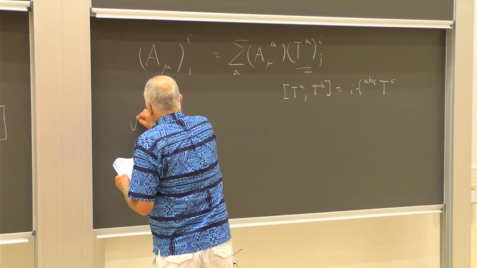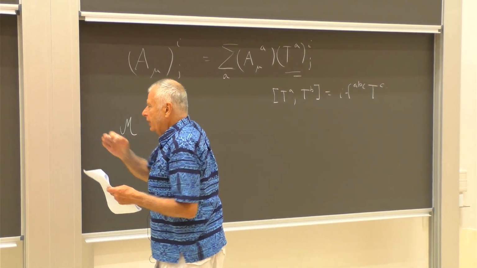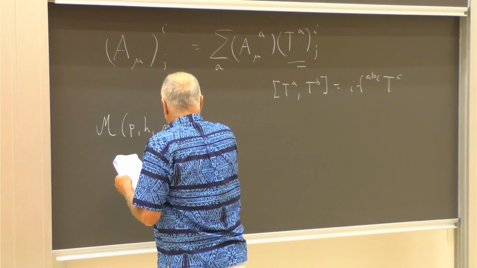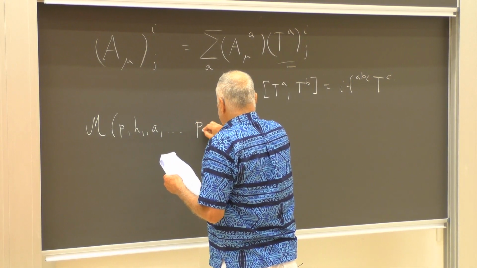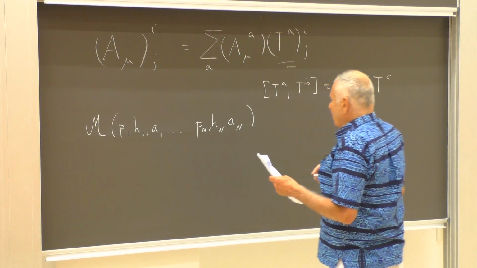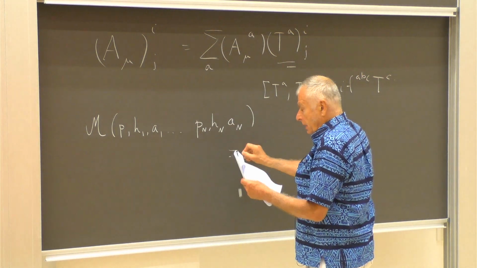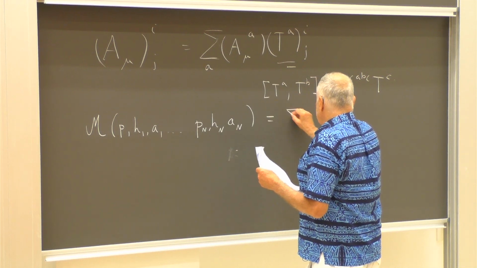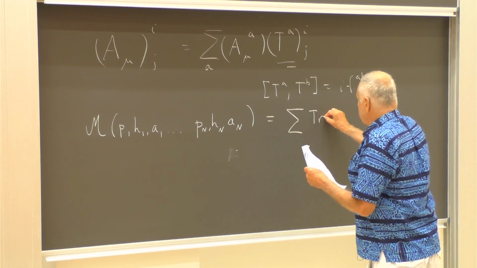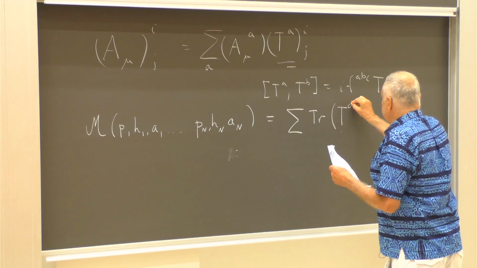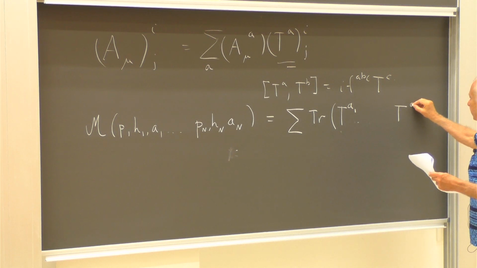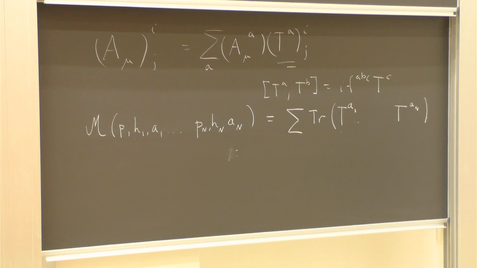In general, just by looking at how those diagrams are built, you can show that if you have an amplitude with several gauge bosons, with momenta p, helicities h, and gauge charges a, you can factor out the color factors, which are traces in the fundamental representation.